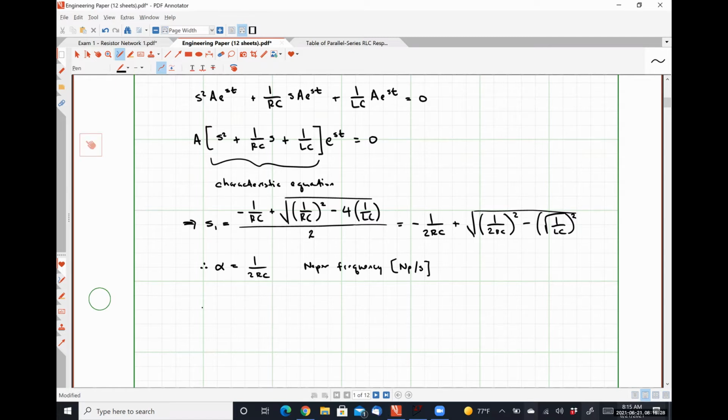We can also introduce a second parameter, omega naught, which will be defined as the square root of 1 over LC. This is what's known as the resonant frequency of the circuit, having units of radians per second. The resonant frequency has multiple different interpretations.